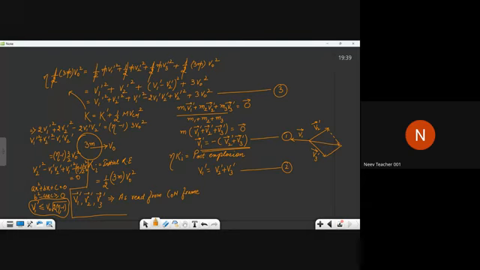So our final answer will be V naught plus V naught under root of twice eta minus 1. This is the maximum speed that a particle can attain, provided they break into equal fragments.